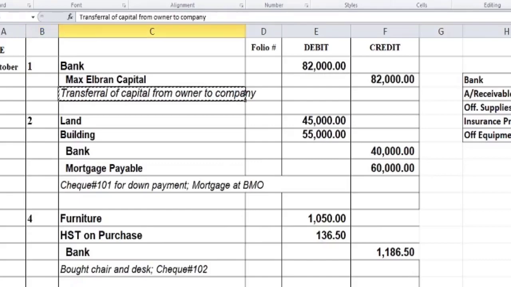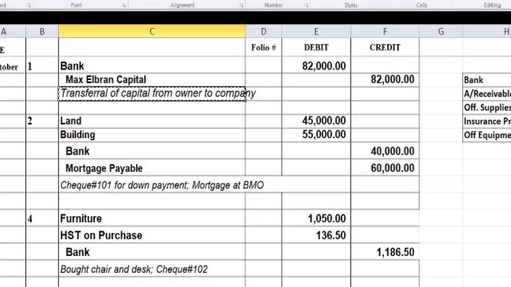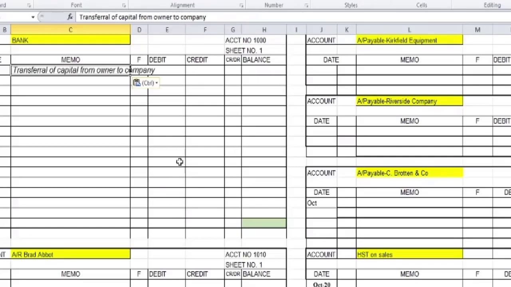This one is coming from page 1. If you have the journal number, you can put the journal number. If you don't have the journal number, you can use the page number. The page number 1. And the balance is 82,000.